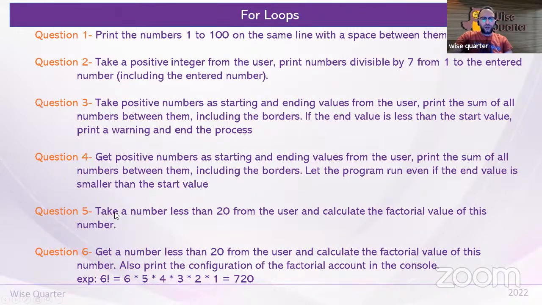Let's go to question 5. Take a number less than 20 from the user and calculate the factorial value of this number. Okay, I will calculate the factorial of a number as long as it is smaller than 20. I will copy this question 5. Oh, I can find it. I cannot find it. Oh, I found it.